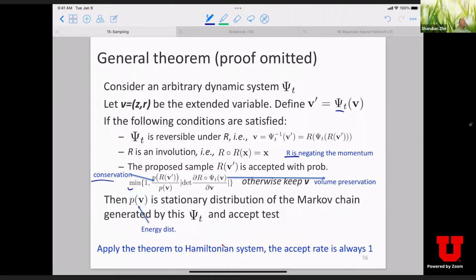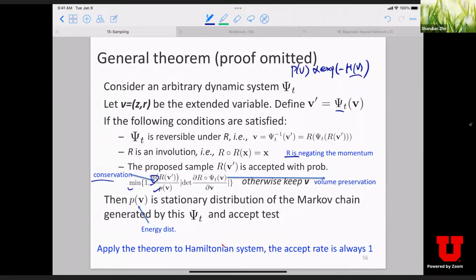Remember, the target distribution of any state V is proportional to the exponential of the negative total energy. But when we evolve a Hamiltonian system, this energy doesn't change. That means this fraction is simply 1.